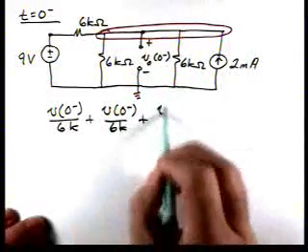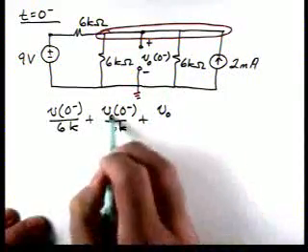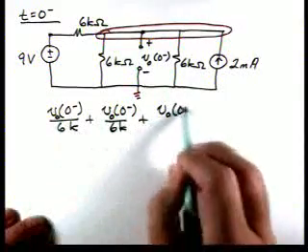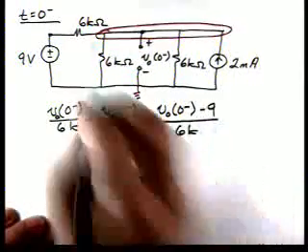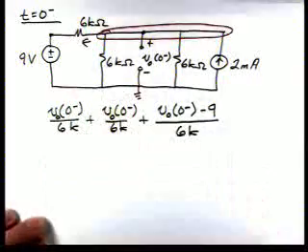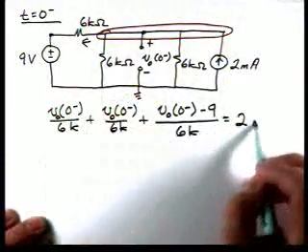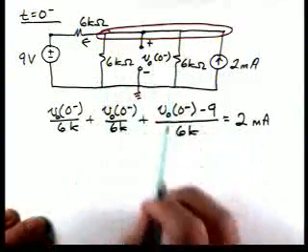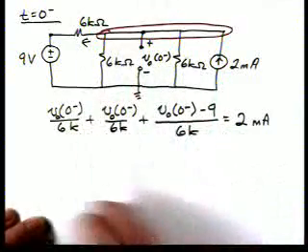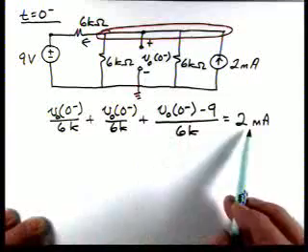Then we would have V0 of 0 minus 9 over 6K. That would be the current in this direction, and that's equal to 2 milliamps. So this current's leaving, this current's leaving, this current's leaving. So we have the sum of the currents leaving equal to the sum of the currents entering.